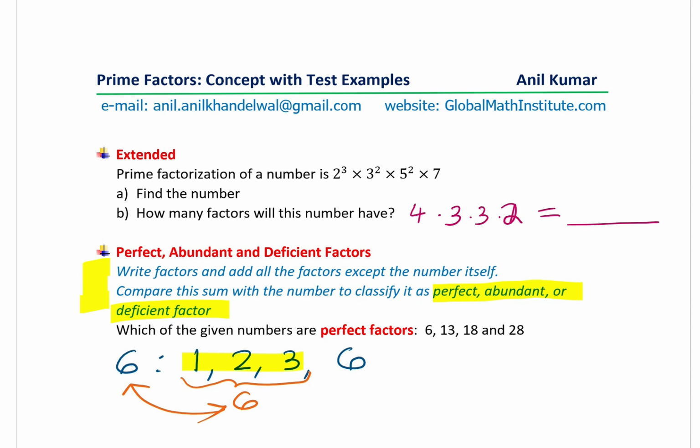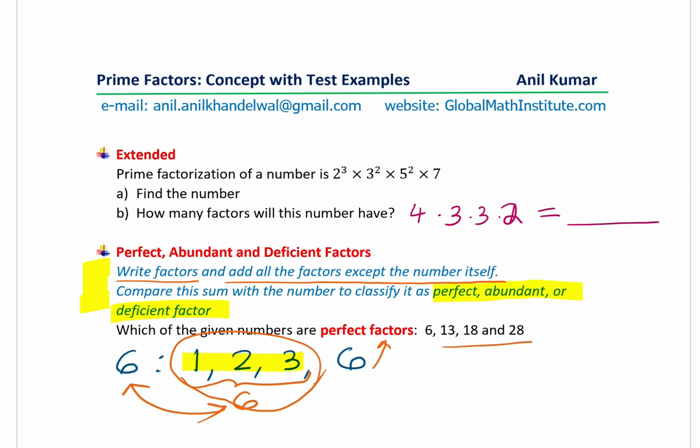So we wrote all the factors and added all factors except the number itself. So except 6 we added these. And what do we get? 6, the number itself. Then it becomes a perfect number. So this 6 is a perfect number. So likewise, you can check, do we have any other perfect number here in this list?